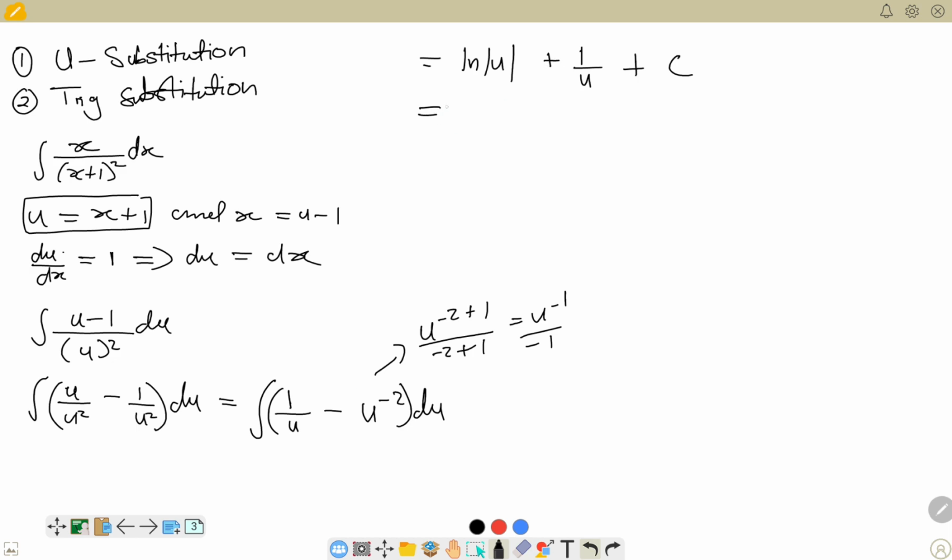But at the end, we need to substitute back the x because we only use U-substitution to be able to help us to integrate, because we saw that when we tried to integrate it while it was still in the x form, it was a bit difficult to integrate. So now we need to replace u again. We said that u is x plus 1. So it's ln of (x plus 1) plus 1 over (x plus 1) plus c, which will still stand there.